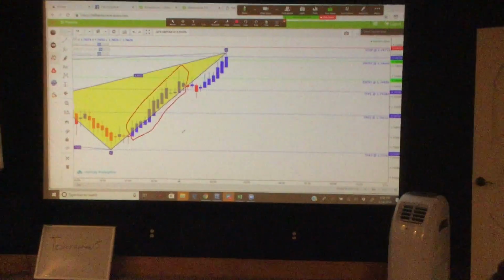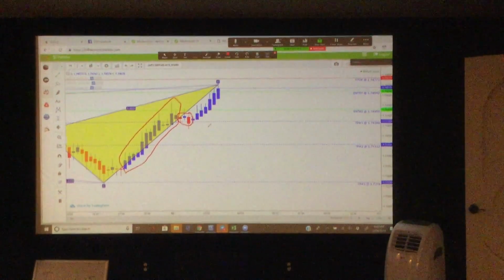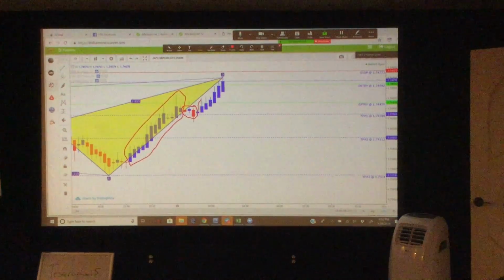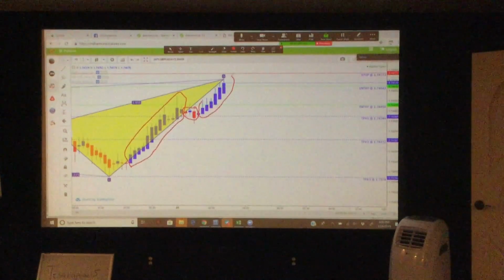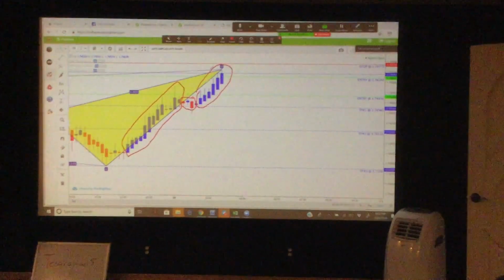I want to make sure everybody is on the same page. See when it turns red right here? You can take an exit. And when it goes blue, you can get back in again.